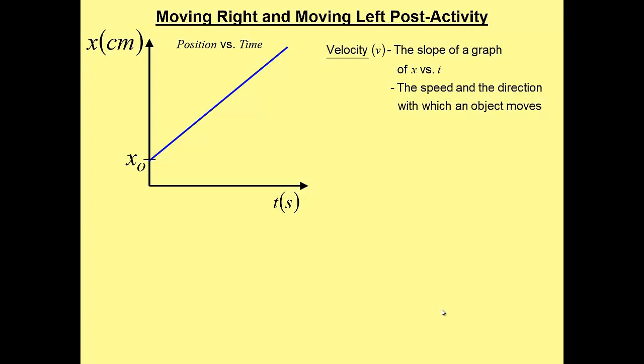Now, you might have noticed that we're running into two different kinds of quantities this year. We have these new ones like position and velocity that have a size and a direction to them. Think about position. If I say something is 5 meters away, that's not really a full description.